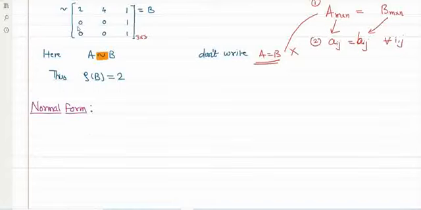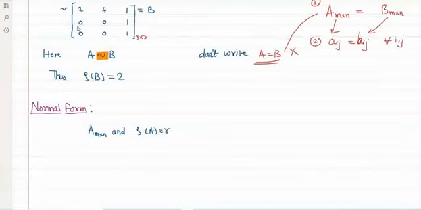Suppose A is any m by n matrix and rank of A is equal to r. Okay, first try to understand the definition. I have started with A is any rectangular matrix. That means m is not equal to n.